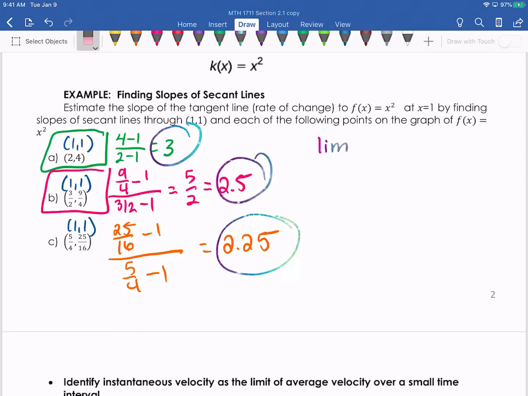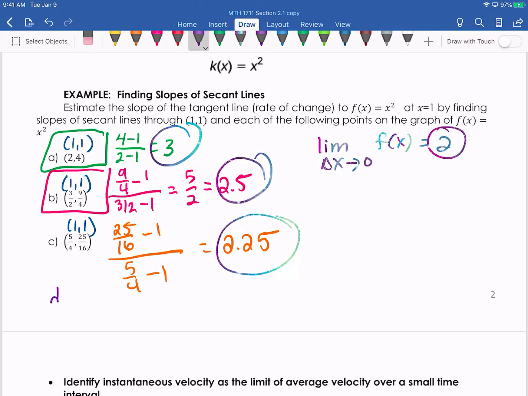We would say the limit as the change in x approaches 0, because the change in x, which would be 2 minus 1, then 3/2 minus 1, then 5/4 minus 1, that change in x is getting smaller and smaller and smaller. I'm going to approximate that it gets closer and closer to 2. That is my guess.